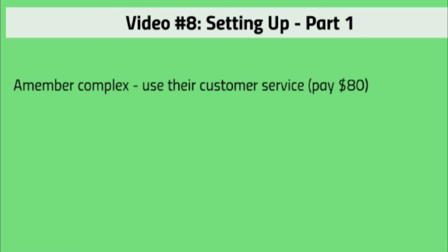Now, as I talked about in the previous video, we have two different scripts. We have Amember Pro, which is a little bit more complex, and what I recommend that you do honestly is just to use their customer service and pay them the $80 to get it set up. And then if you want to learn how to use it, it's actually not super hard to do once it is set up.